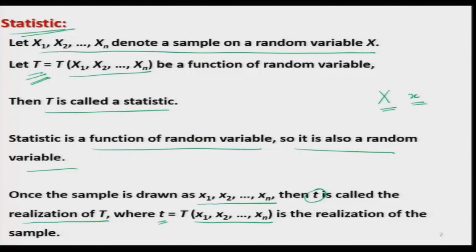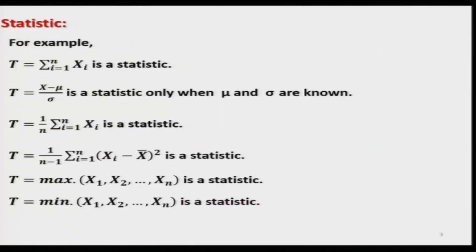Now, there are many statistics that we have already used or can use. For example, the summation of xi, i going from 1 to n, which is the sum of all the random variables, is also a statistic. The z value, which you denoted by x minus mean divided by standard deviation, that is (x minus mu) upon sigma, is also a statistic, provided mu and sigma are known.